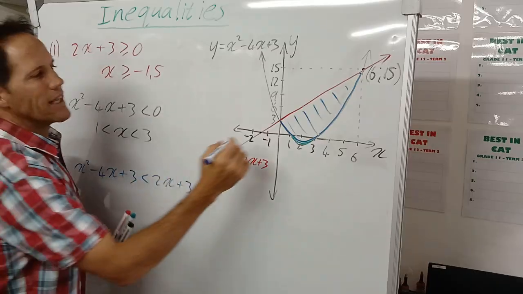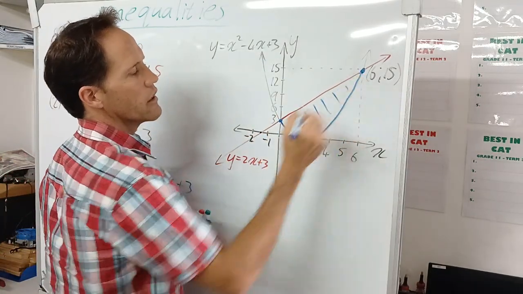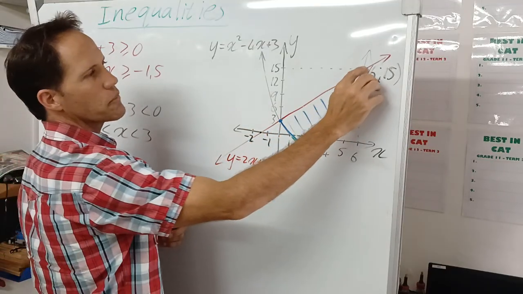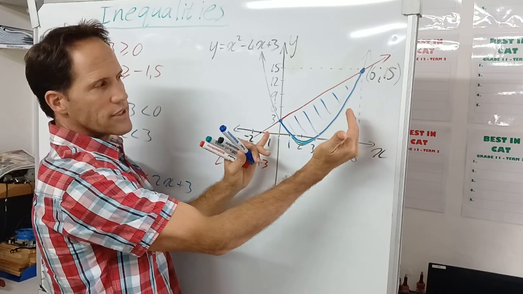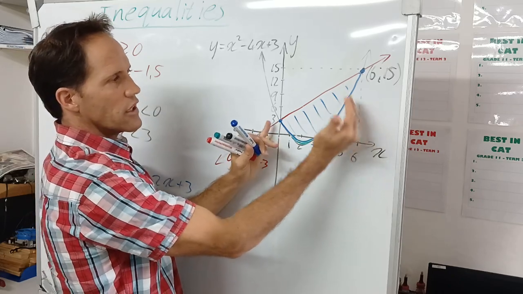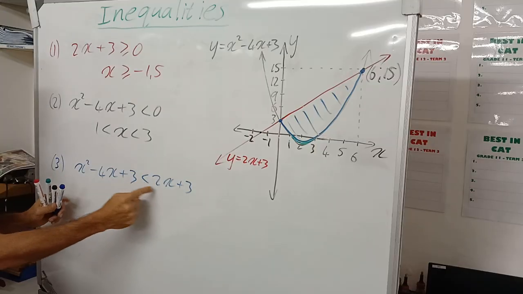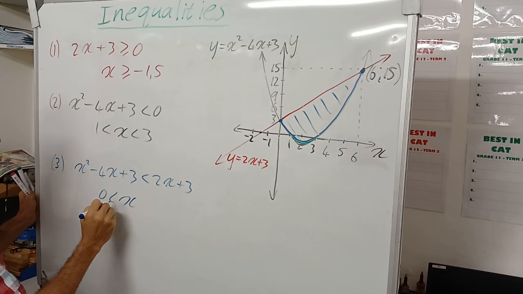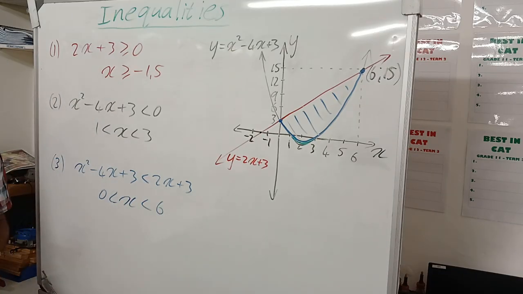So it's from there up to there. That means it's from x equal to 0 up to x equal to 6. I'm looking at my x values, always the x value. So from 0 to 6, the parabola is lower than the straight line. So where's the parabola smaller than the straight line? For x bigger than 0 and smaller than 6. And that's my answer.